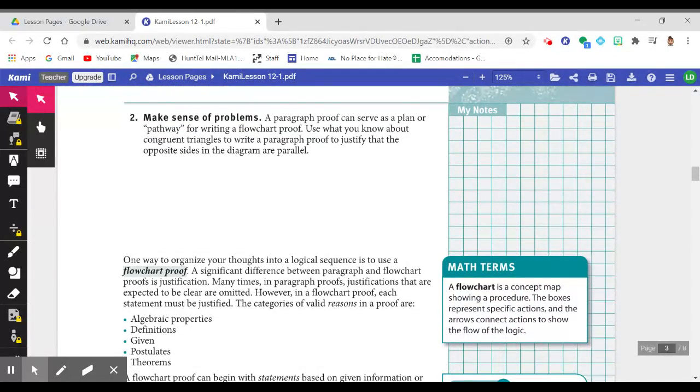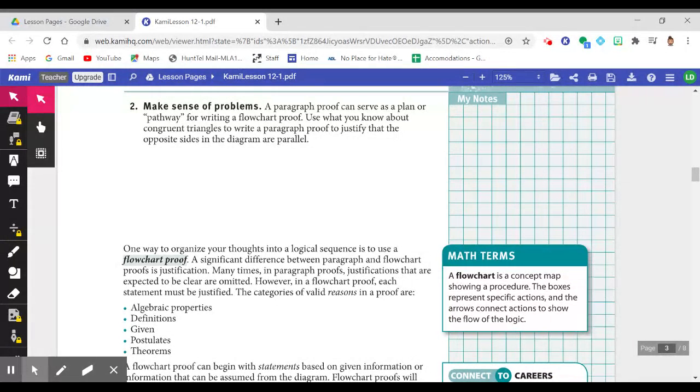A paragraph proof can serve as a plan or pathway for writing a flowchart proof. Use what you know about congruent triangles to write a paragraph proof to justify that the opposite sides in the diagram are parallel.